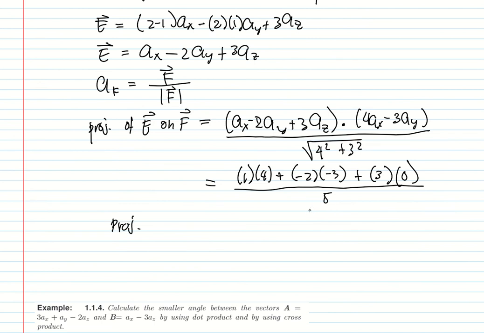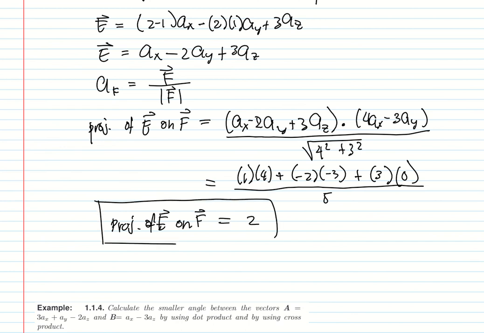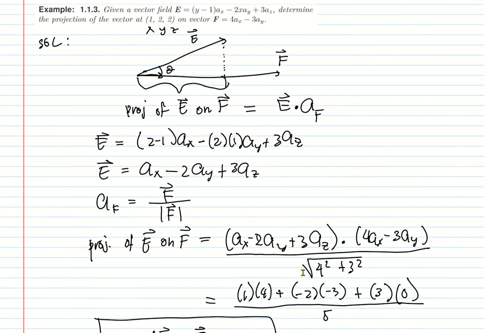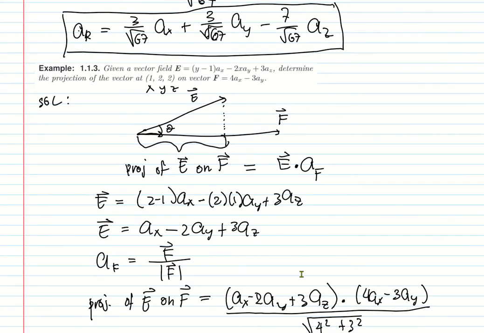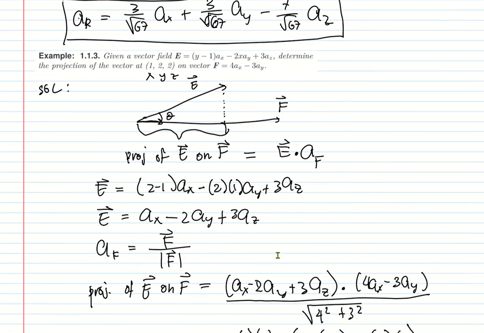So therefore, the projection of E on F is equal to 2 units. So that length is just equal to 2. This is one of the significant applications of a dot product.